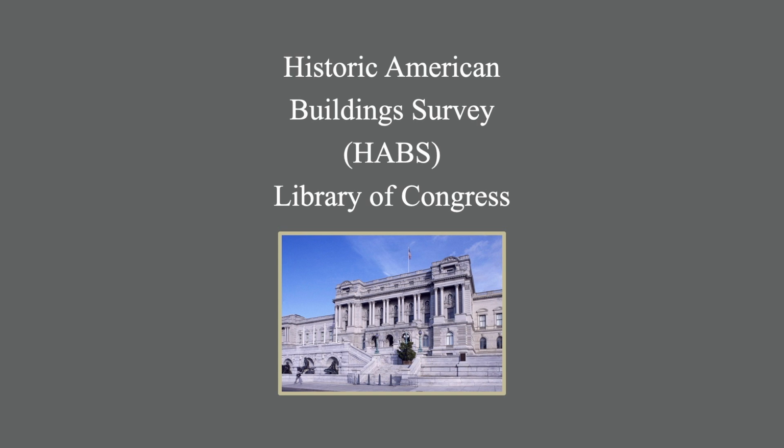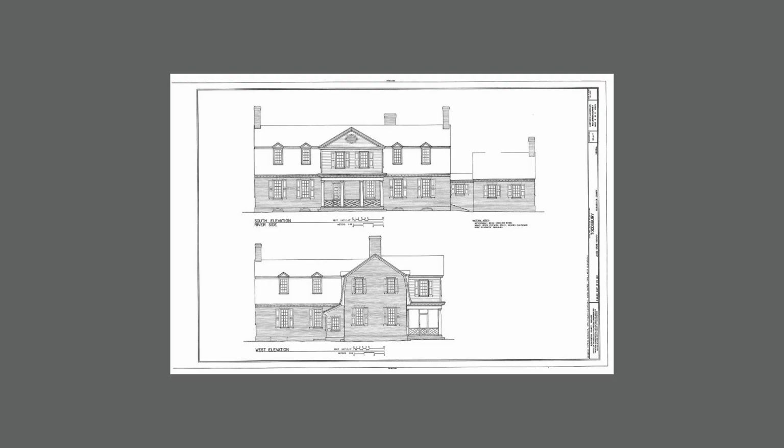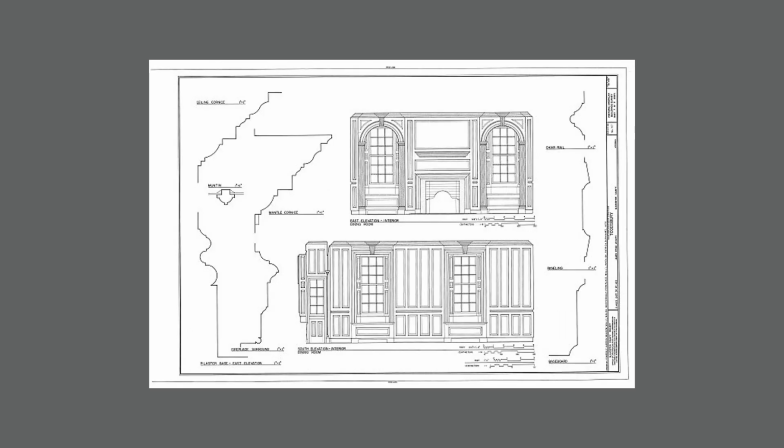These records also served as design resources for architects practicing in historic styles, especially colonial revival, and can be useful to architects today. For example, we see a sampling of measured drawings for Toddsbury, a colonial Virginia house, including elevations, plans, and interior details.